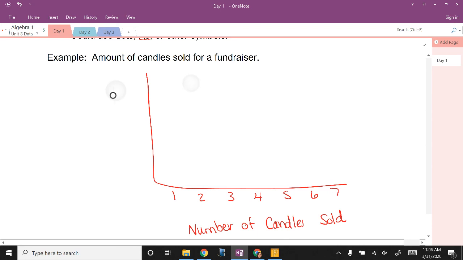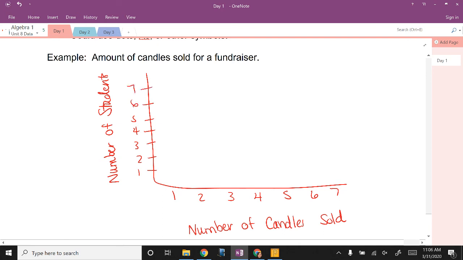And these could be the number of students on the vertical axis: 1, 2, 3, 4, 5, 6, 7.